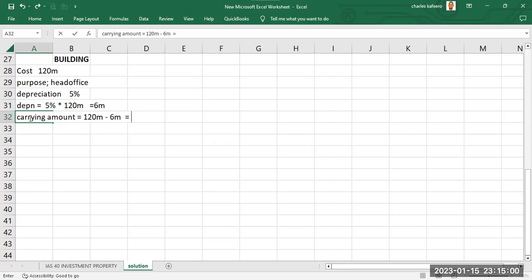This will give us a figure of 114 million. This is what we are going to be taking to the balance sheet as the carrying amount for the building.